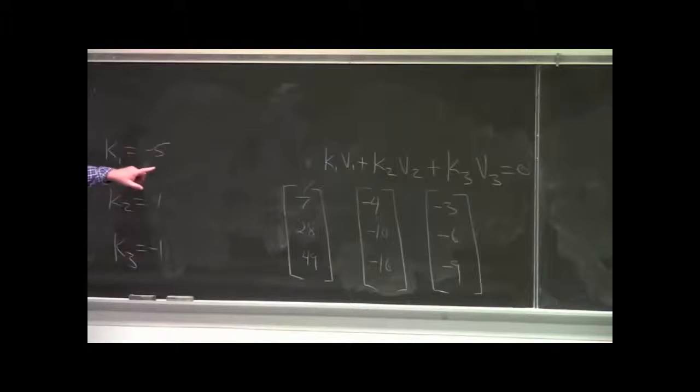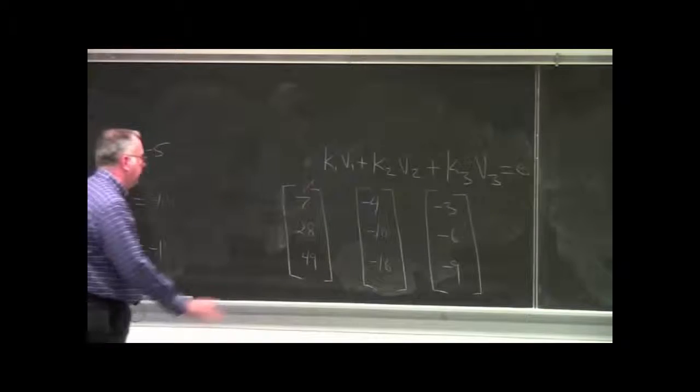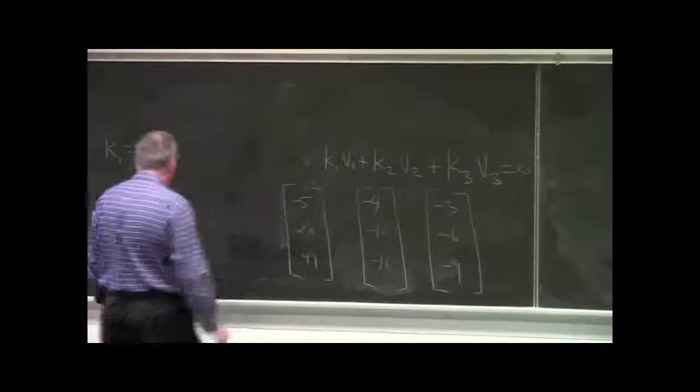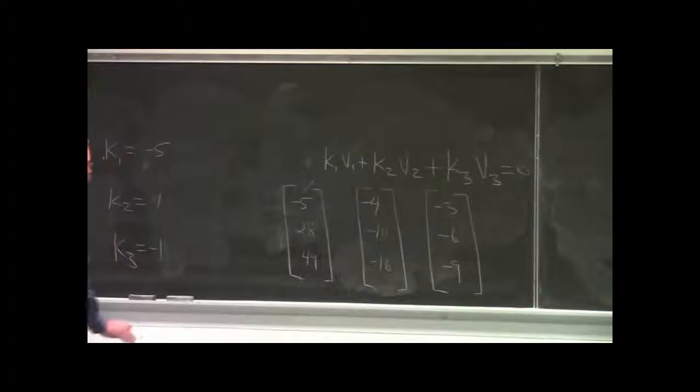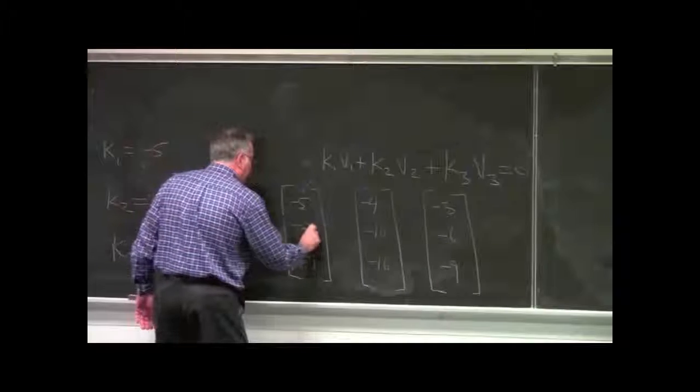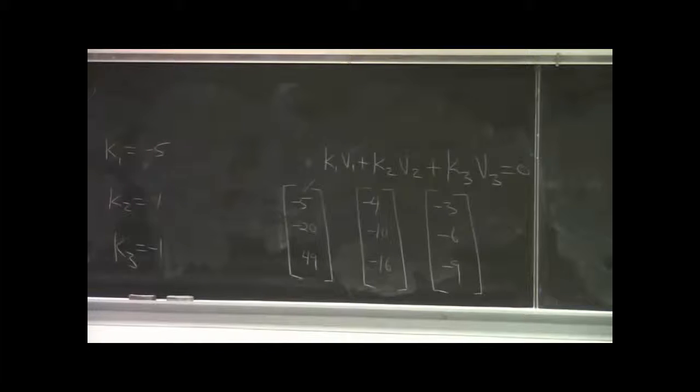Minus 5 V1 is going to be minus 5, minus 20, and minus 35.